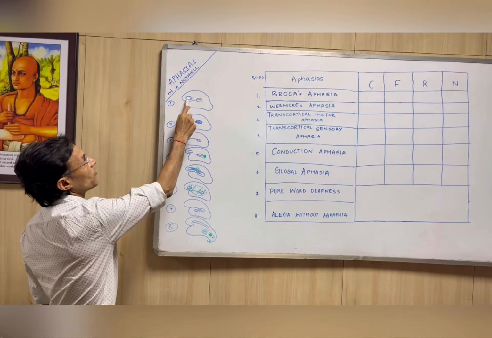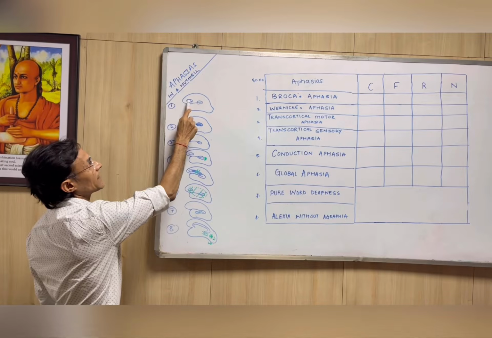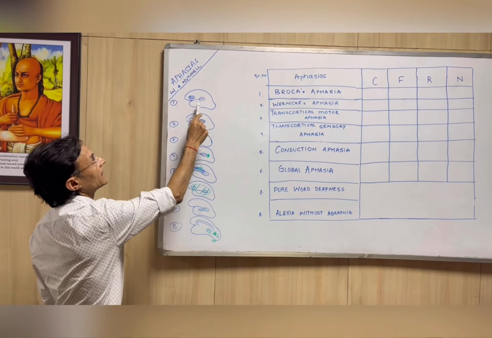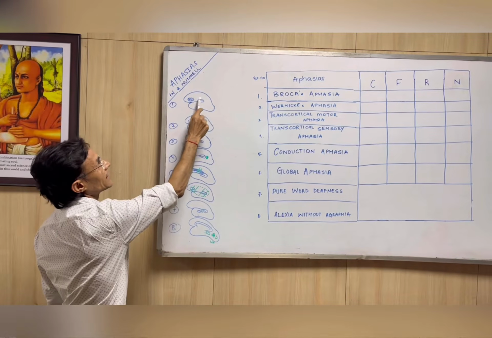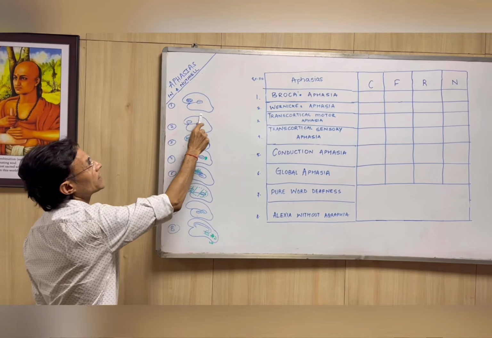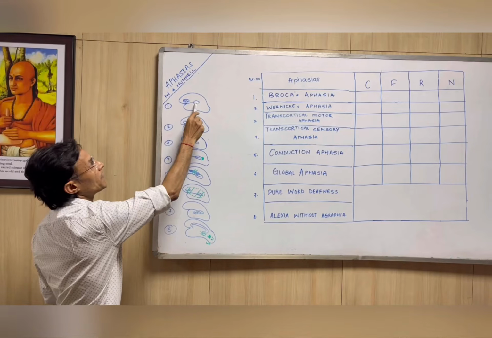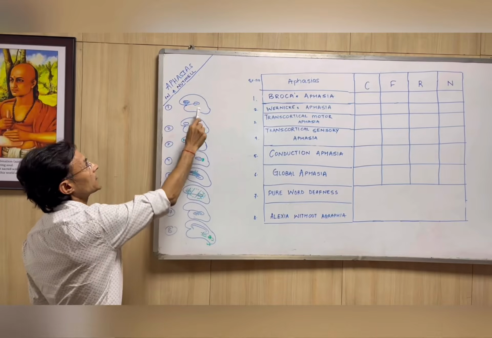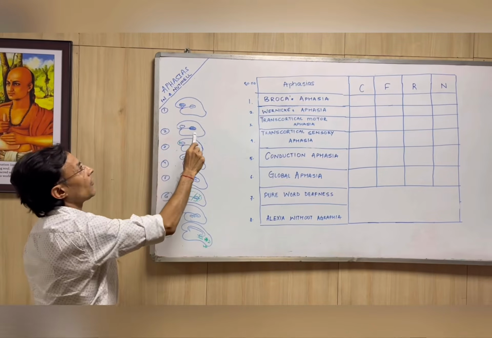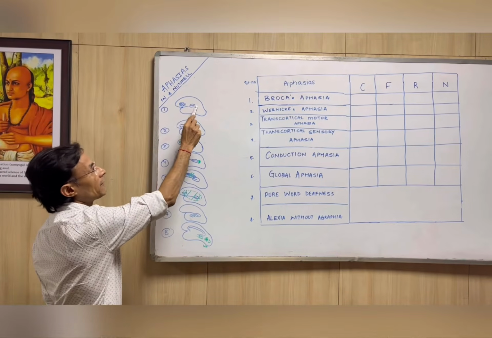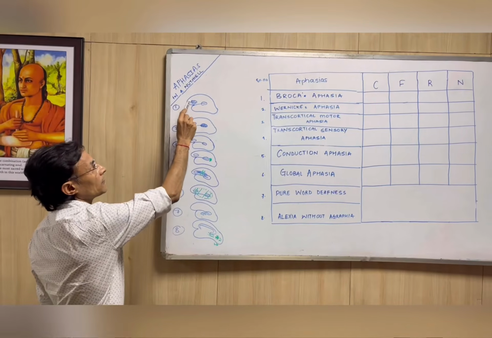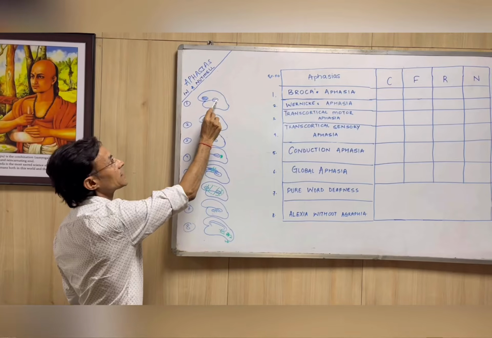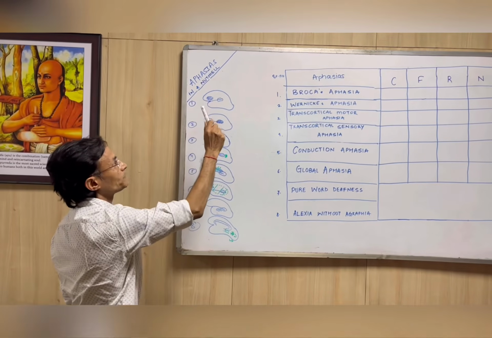This is the perisylvian area, around the sylvian sulcus, which constitutes the superior temporal gyrus and the inferior parietal lobule. This is the Wernicke's area, the receptive area where speech is comprehended, that is the sensory speech area.